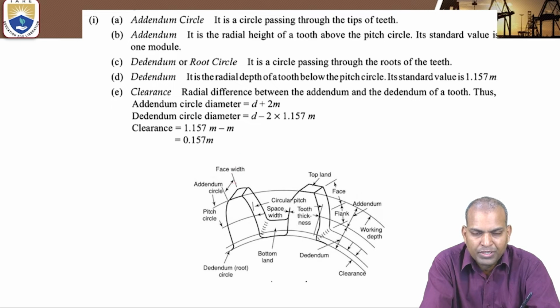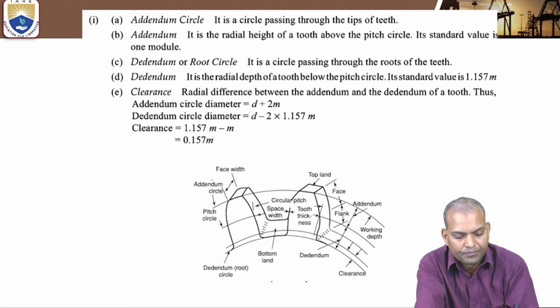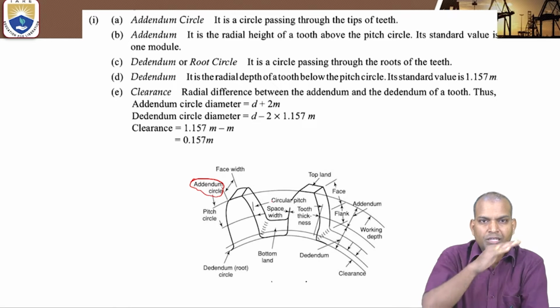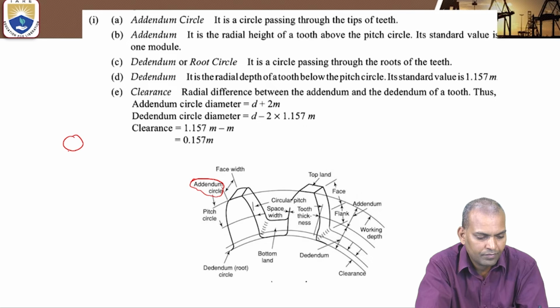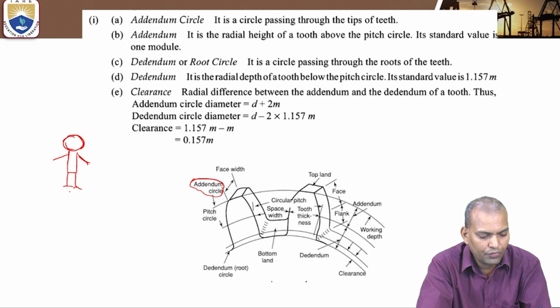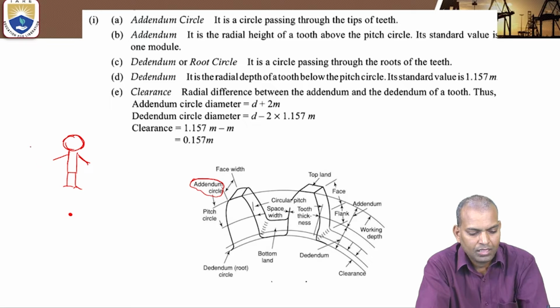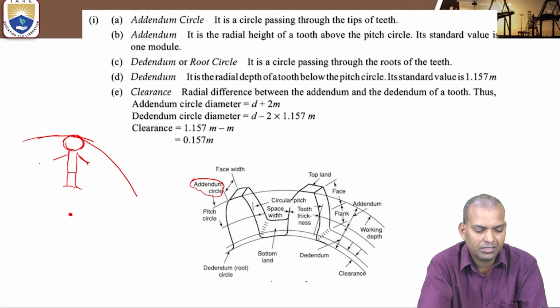Here, the addendum circle means the circle passing through the tips of the teeth, the top. To understand it better, consider the head of a person as the teeth, with the person at the center.